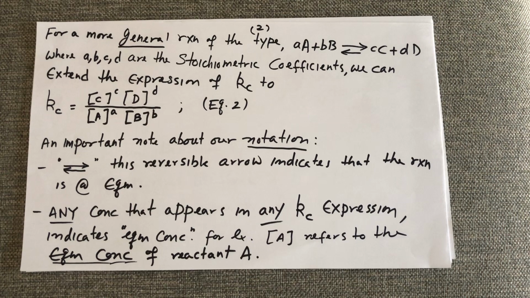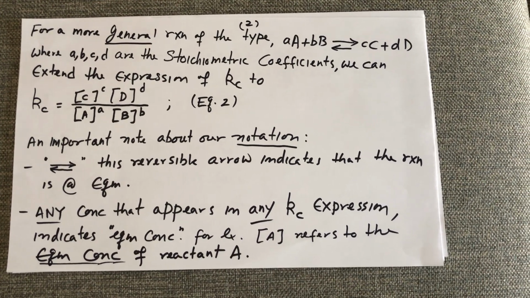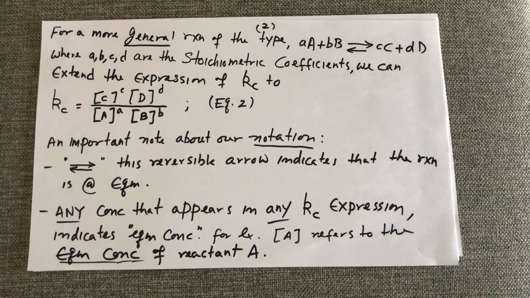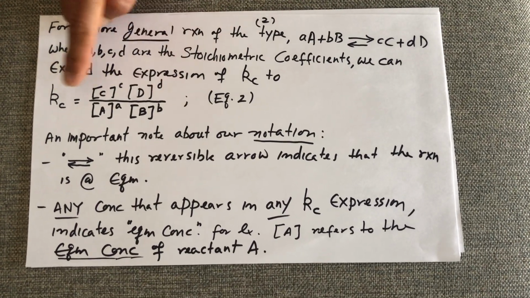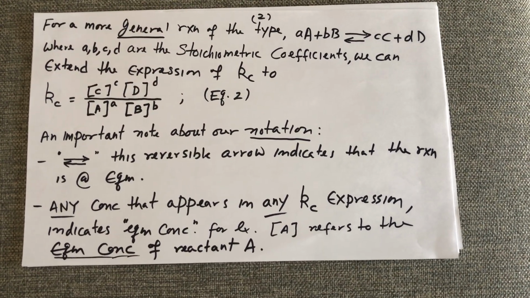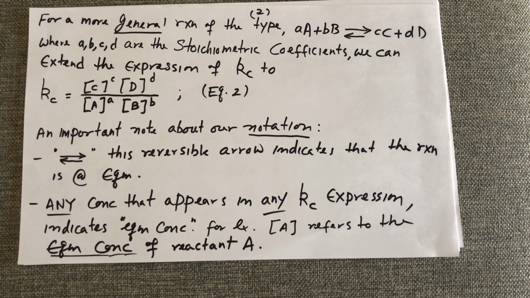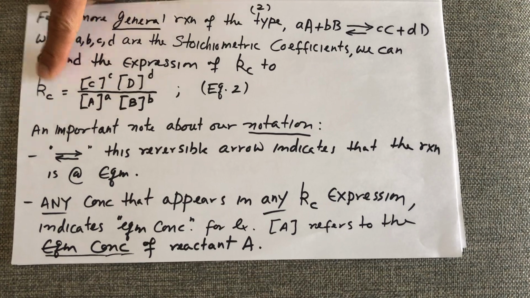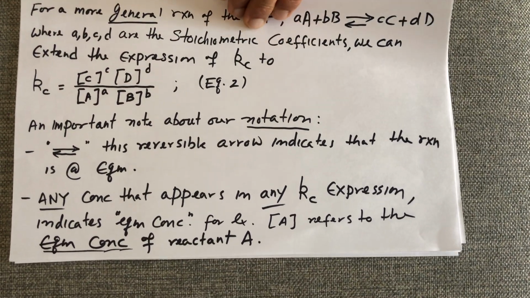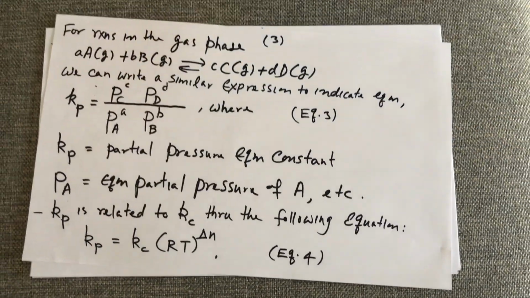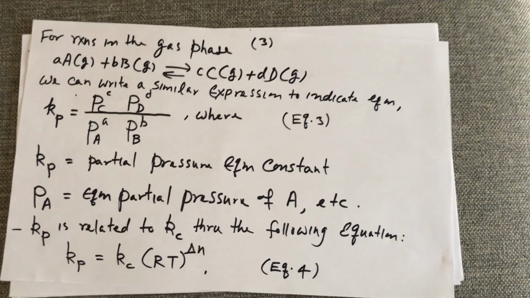The second important note about the notation is that, again, all these concentrations in the Kc expression refer to the concentrations at the point of equilibrium. If these are not equilibrium concentrations, then that is not Kc. It is actually something else which we refer to as the reaction quotient, which will appear shortly in the next slide.